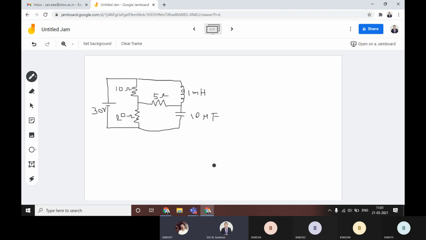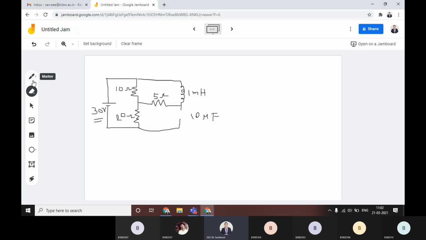Sir, when the inductors and capacitors are given supply for a long time, the inductor acts as a short circuit and the capacitor acts as an open circuit, sir. Okay, whenever you are applying DC also, it is the same thing. For a DC supply, the capacitor acts as an open circuit. That means you have to make an open circuit at these terminals.